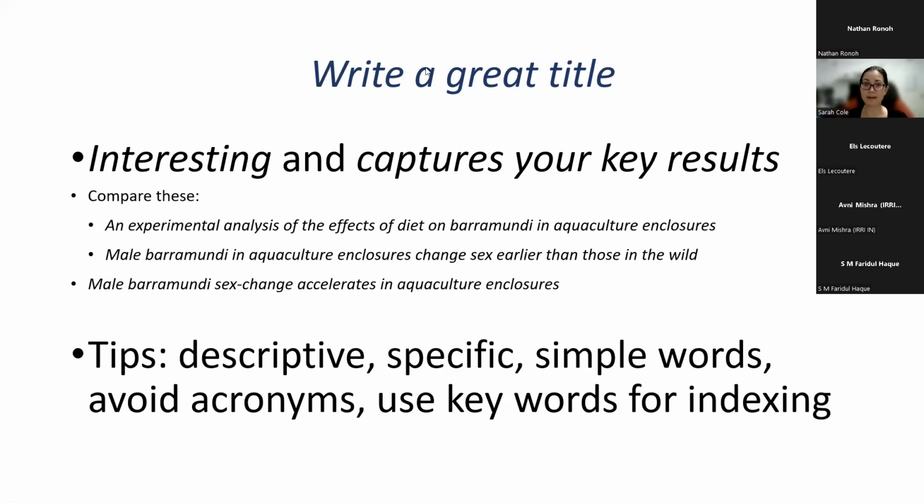But you can write a very interesting title that is still within the bounds of scientific credibility. Our tips for writing good titles are that they're descriptive, they are specific and not general, they use simple words, avoid acronyms unless it's a very common acronym, say for instance SDGs or NGOs, something very common, and also use your keywords for the indexing purposes.